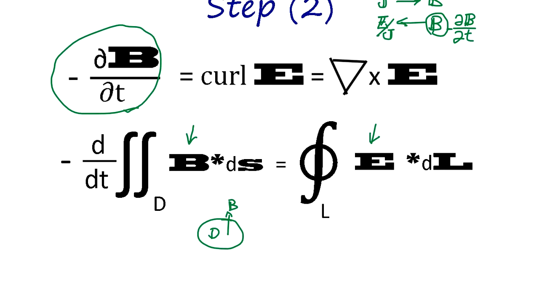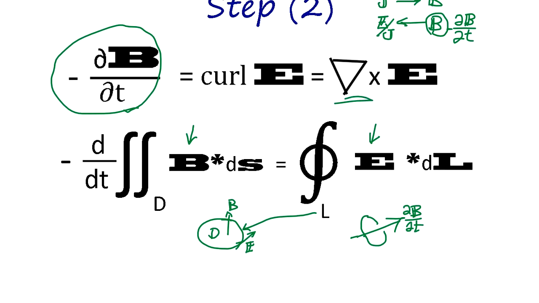It's going to be the same as the line integral L of E. B alone doesn't generate anything. When B changes over time, then E is generated. Which direction?